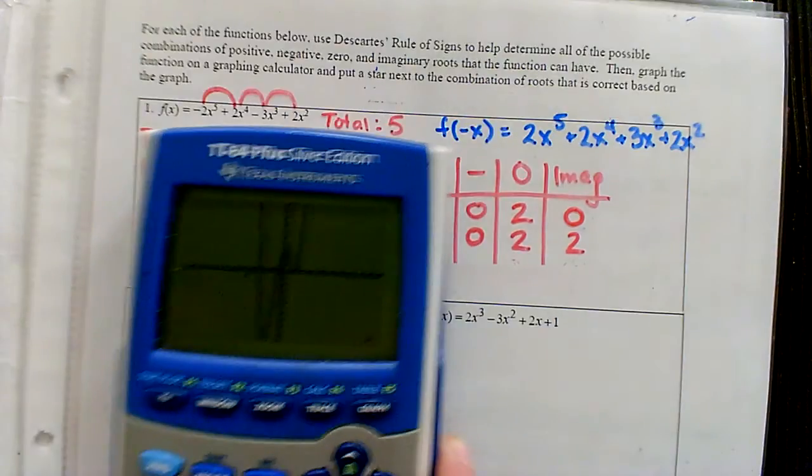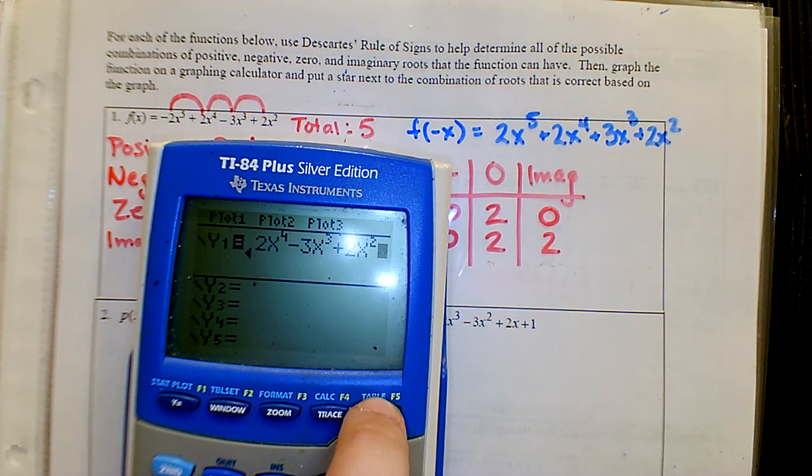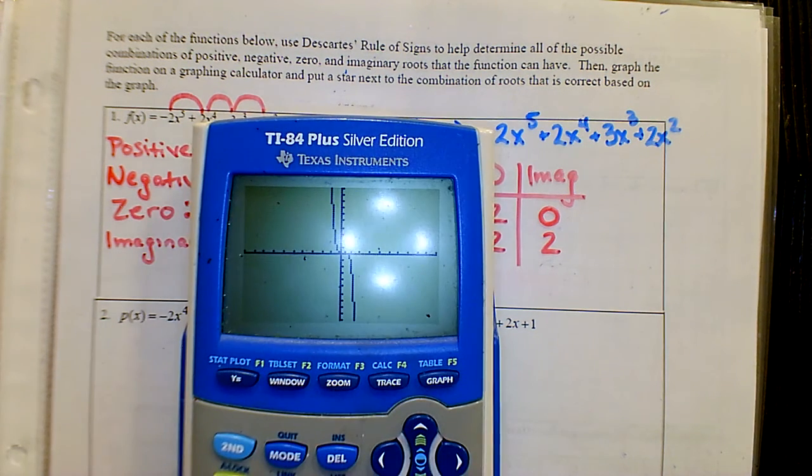So go ahead on your calculator and go to y equals, clear out the last one we did, and we're going to type in our new one. That might be a little hard to tell.